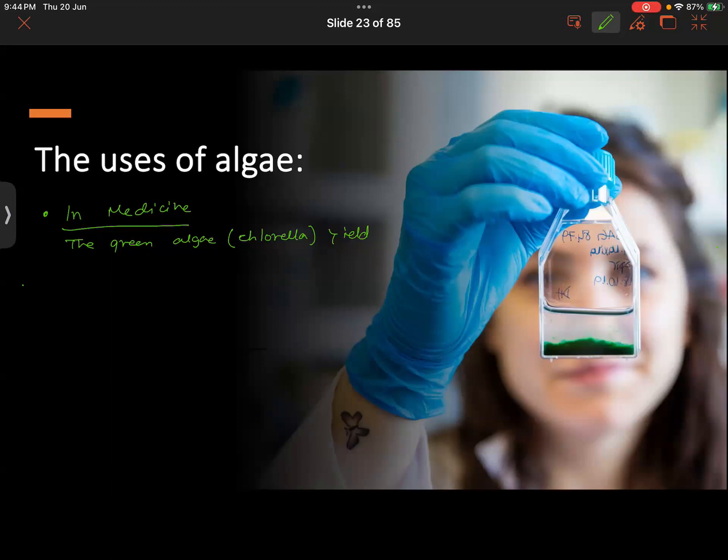So this green alga chlorella yields an important antibiotic called chlorellin. Getting it now? So in manufacture of medicines, algae is being used. This is an antibiotic called chlorellin that is derived from the alga called chlorella. That is clear to you?